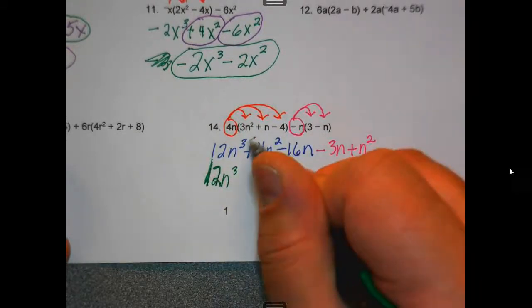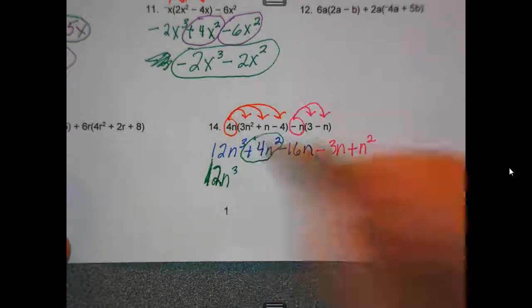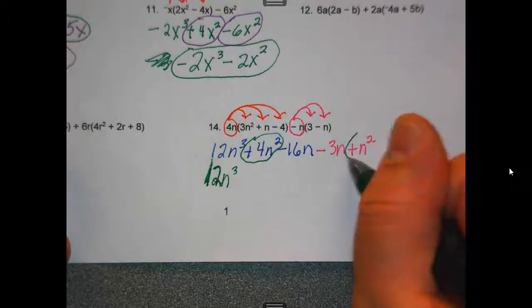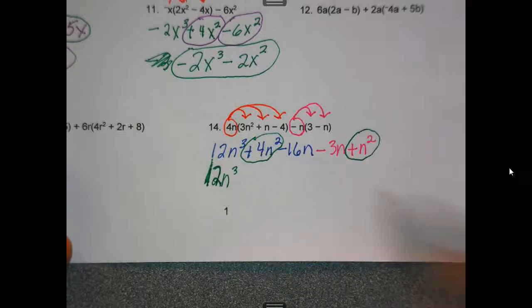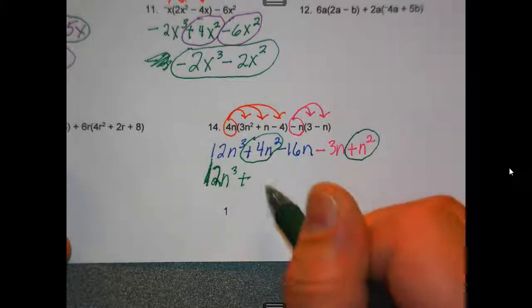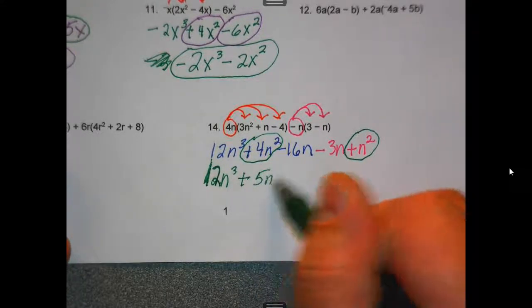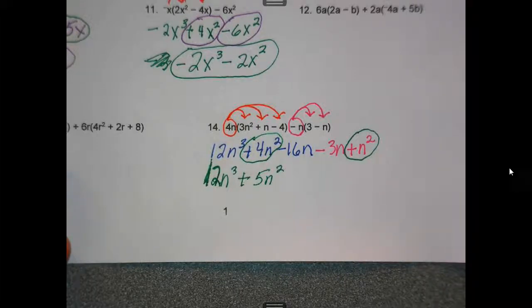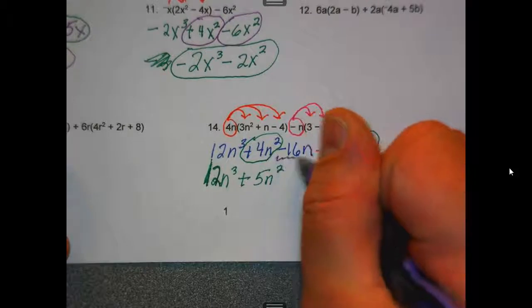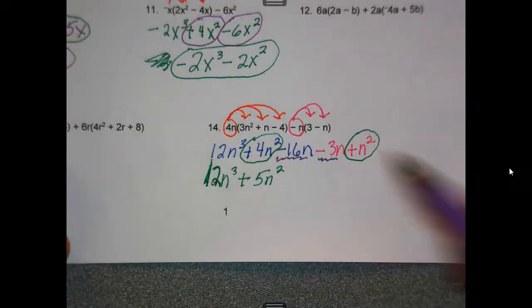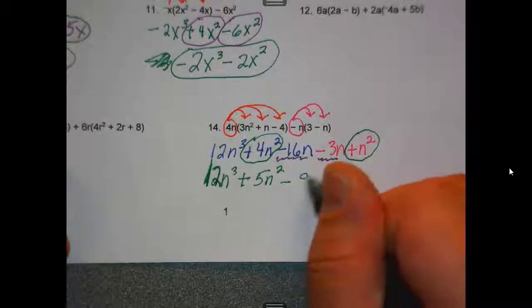I've got a positive 4n squared and a positive 1n squared, gives me a positive 5n squared. I've got a negative 16n and a negative 3n, gives me negative 19n.